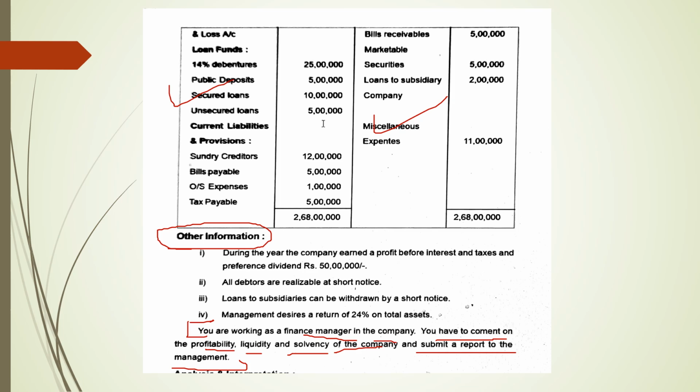We can have one decision regarding the company: is it on the right track or not? This type of explanation will be written in the identification of problem, and then start writing it.